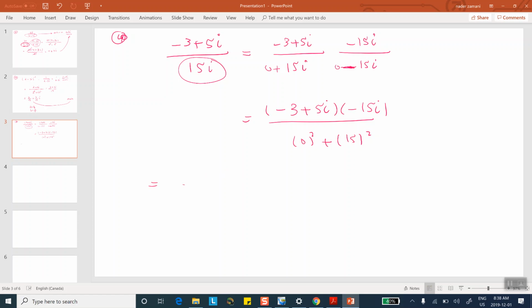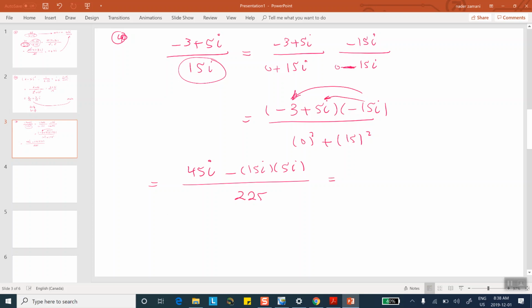First of all, the denominator is 225. And on the top, you do a foiling. So minus 15i times minus 3 is 45i, and then minus 15i times 5i. I'm foiling this now.